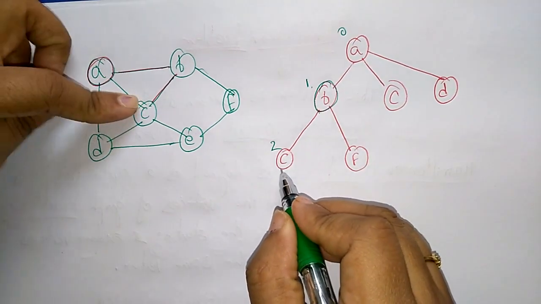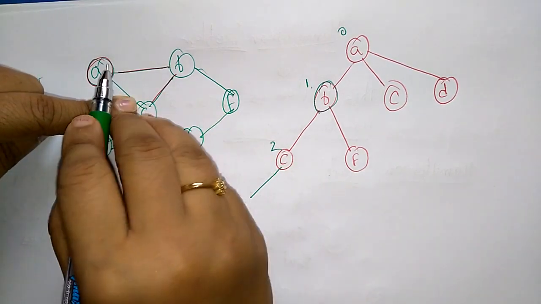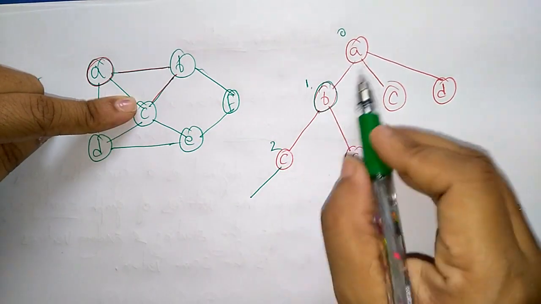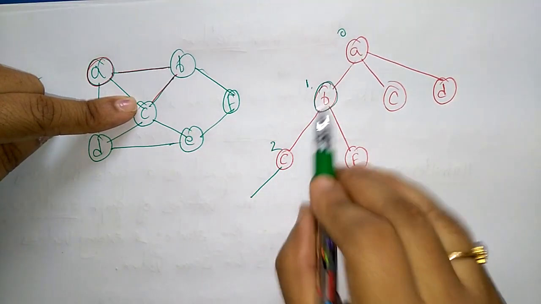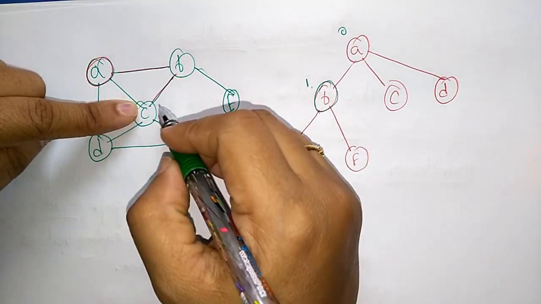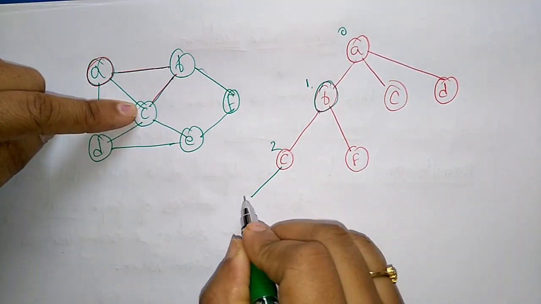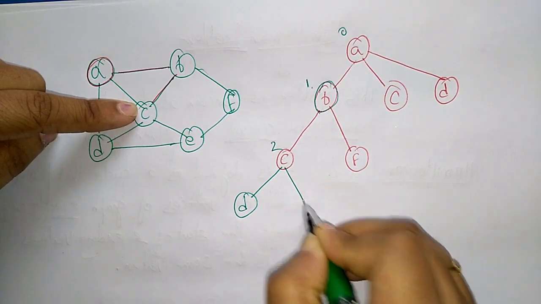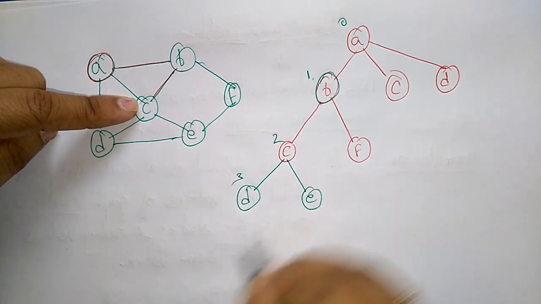From C, A is already visited, A is the parent of B, and B is the parent of C, so don't go back. The connected vertices that are not visited are D and E. So D is level 3.